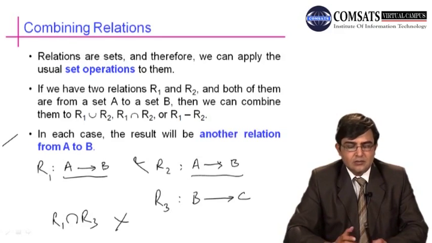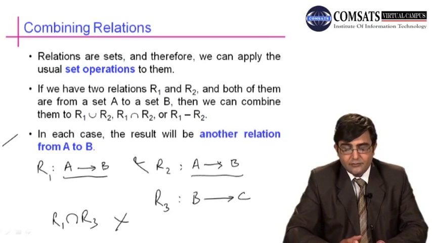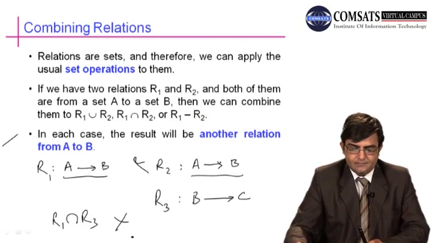As I told you, relations are basically sets. The relation must also satisfy all the set operations, all the properties of sets. So by taking the union or intersection of two relations, we must have some new relation.